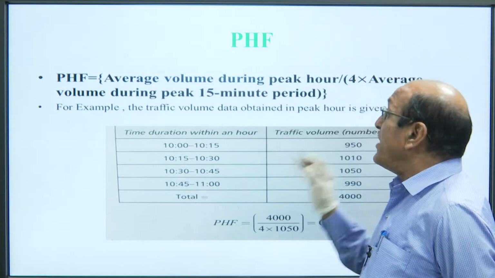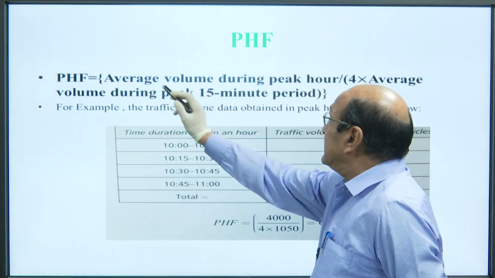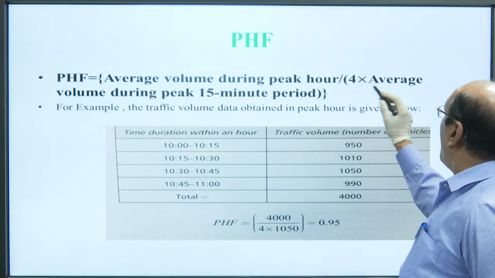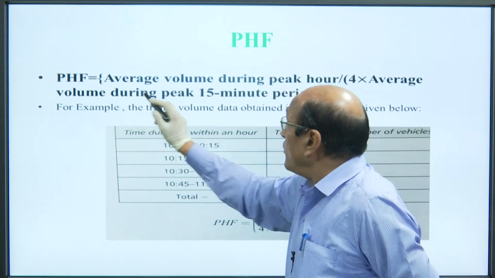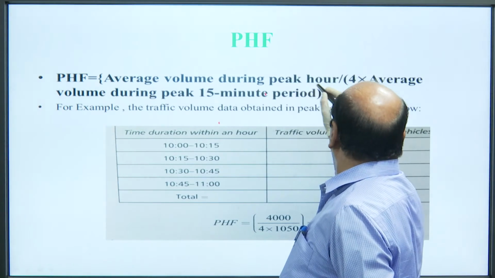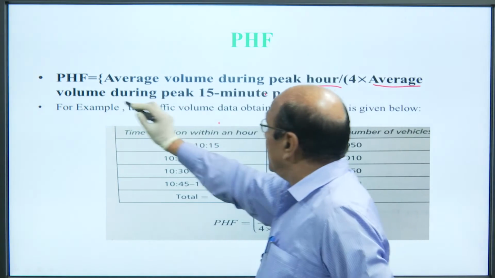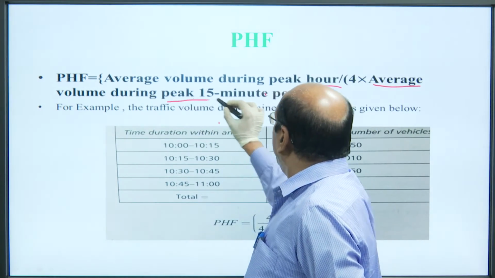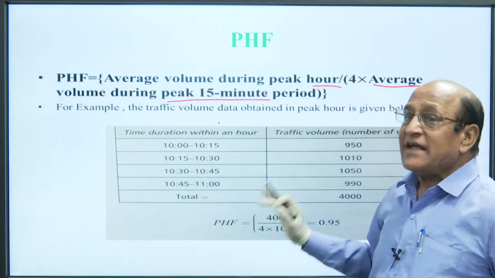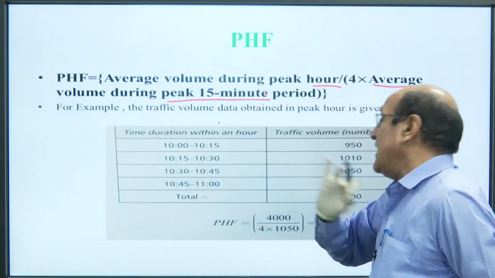So, how can we calculate PHF? The average volume during peak hour divided by 4 times the average volume during the peak 15-minute period. For example, say this is the peak hour, 10 to 11.